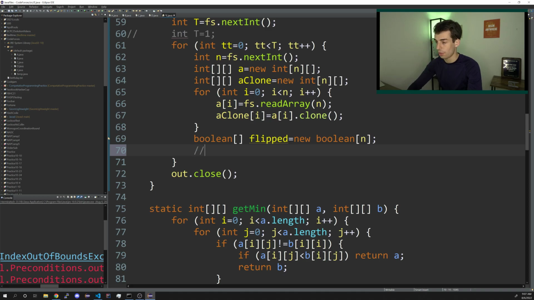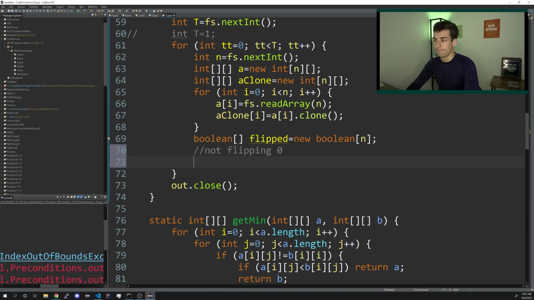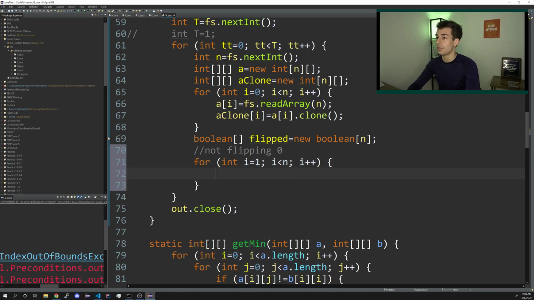We're going to start with not flipping. Then for int i equals 1, i less than n, i plus plus, we want to see, are there any positions that would rather flip than not?